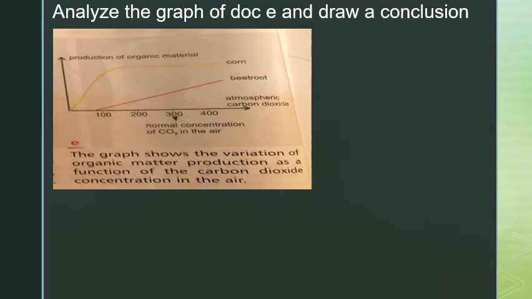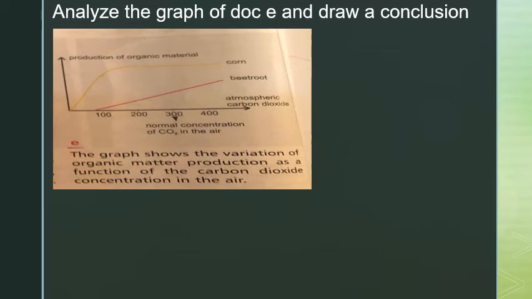When we are analyzing a graph, we see that the concentration of carbon dioxide at first was 100, because the line starts at 100 for the beetroot.